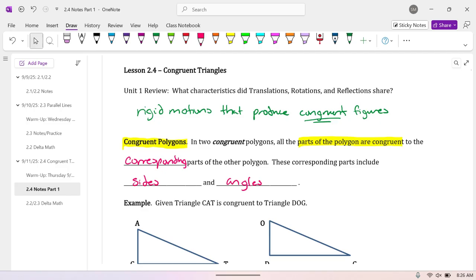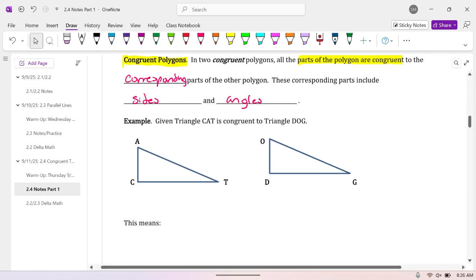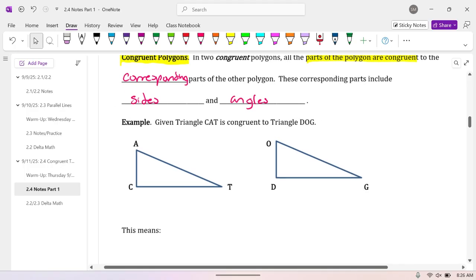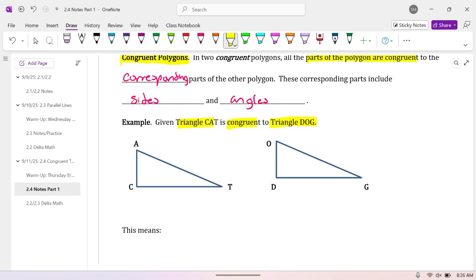All right. So given triangle CAT, and we know it's congruent to triangle DOG. So let's think about corresponding parts here. Let's talk about the sides and the angles. Let's go through the sides first.